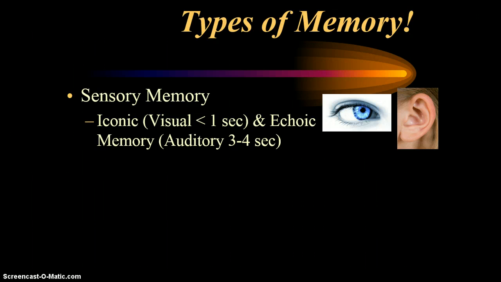In other words, an icon, if you think like on a computer, is something you see. It's a little picture or whatever that you see on the computer. So iconic memory refers to visual things, and those things we tend to lose in less than a second if we haven't done something with them.